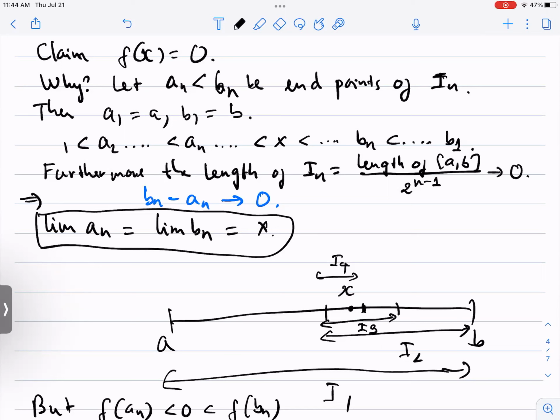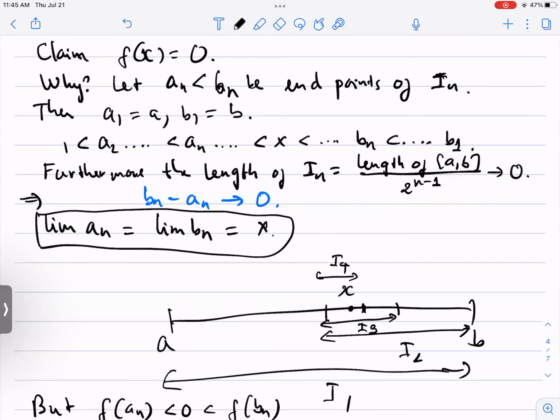But the intuitive idea is that the reason we can continue this process forever is because at each step the interval always has endpoints at which the function assumes values of opposite signs.